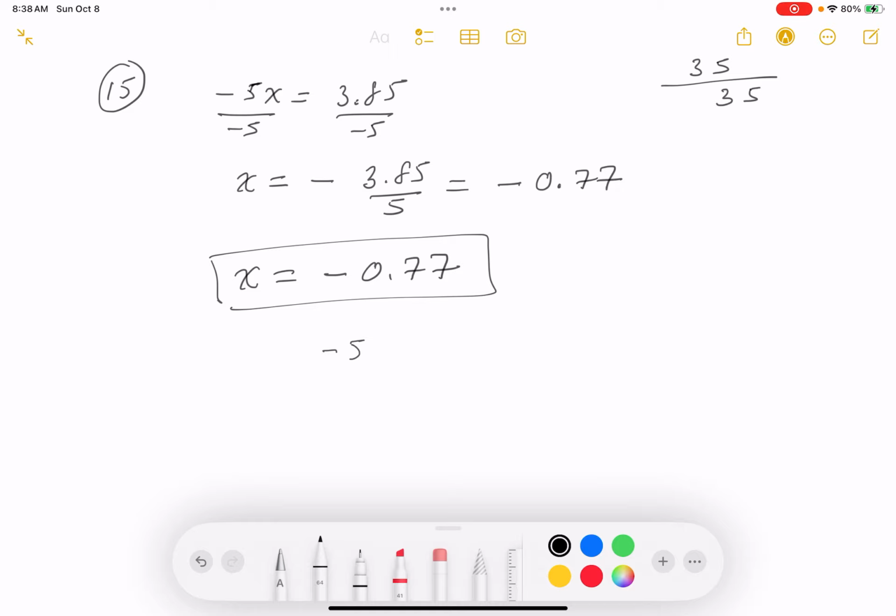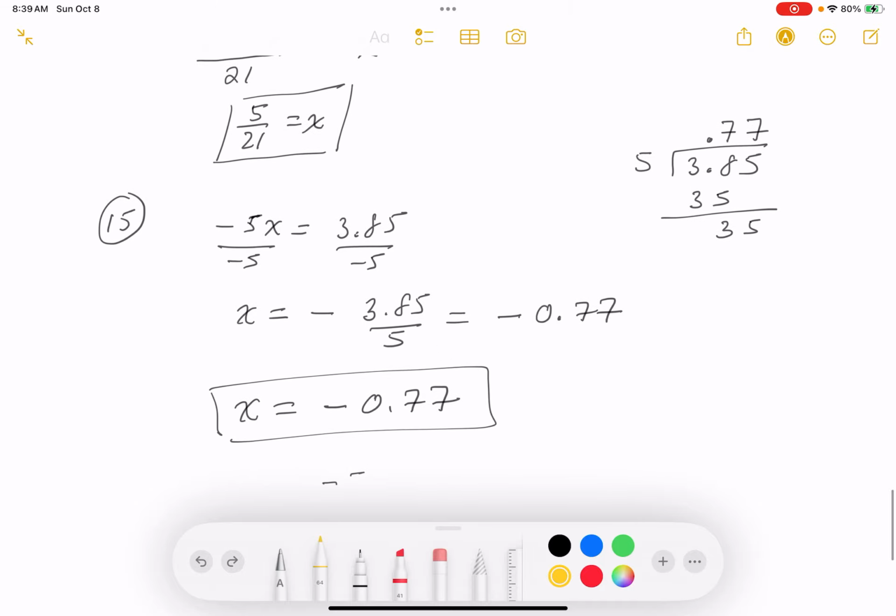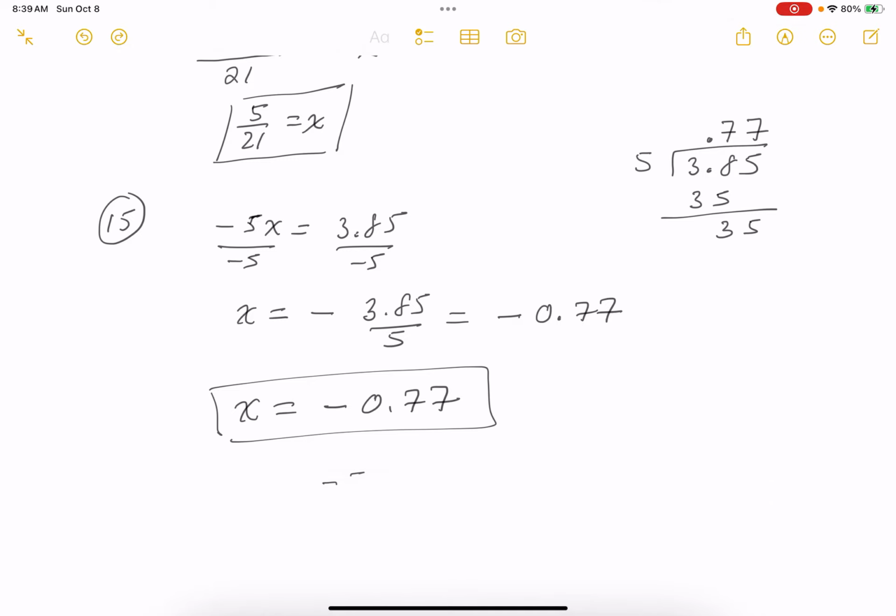My pen's running out of juice, by the way. Let me get my eraser, see if that works. Give me one second over here. My pen might be dead. Let me charge it up a little bit. Pencil.